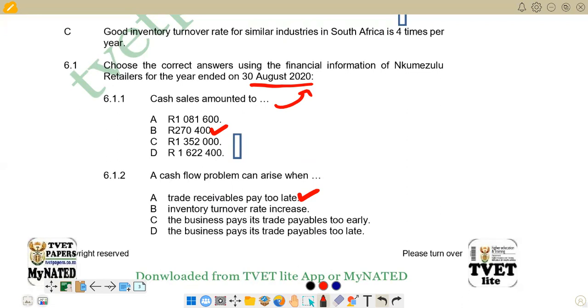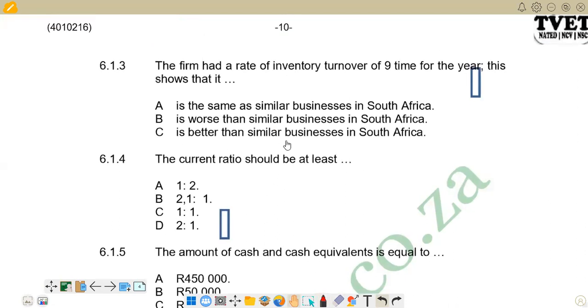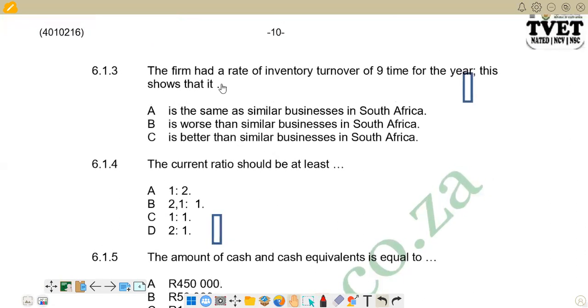Then I will go to the next question and see what we have. Right, 6.1.3. It reads, the firm has a rate of inventory turnover of 9 times per year. We are seeing that the responses relate themselves to businesses in South Africa. So we go back and see what is the average inventory turnover of businesses in South Africa that we are given here.